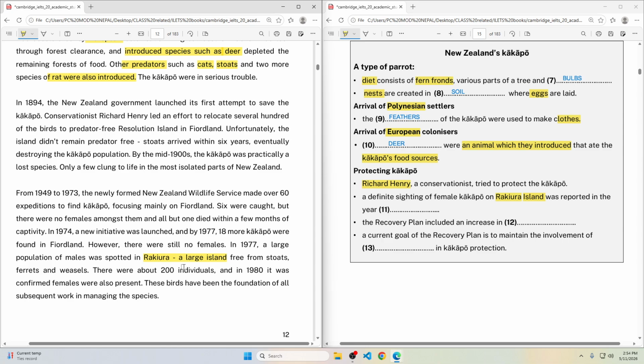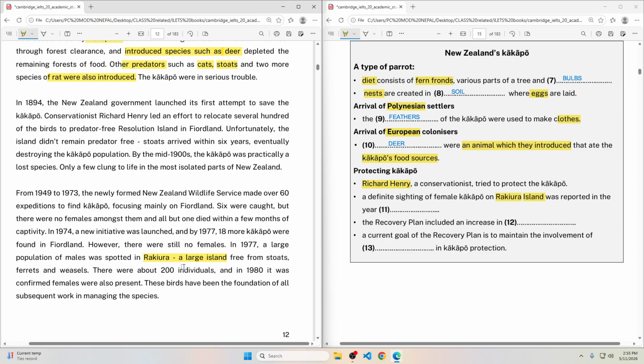I was just searching for this Rakiura. Since R is capital and the spelling cannot be changed, it was easy to find. That's what I'm saying. You need to know what to search. We are searching for key phrase, number, name, inverted comma. Anything within inverted comma is usually one or two words. If they are longer than that, these are as they are in the passage, right?